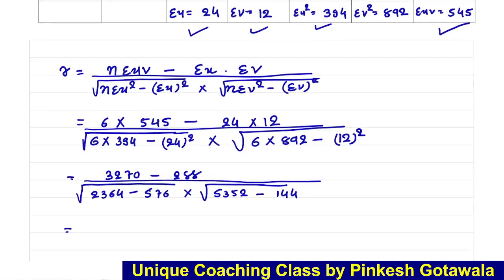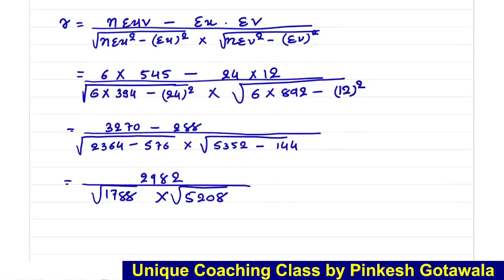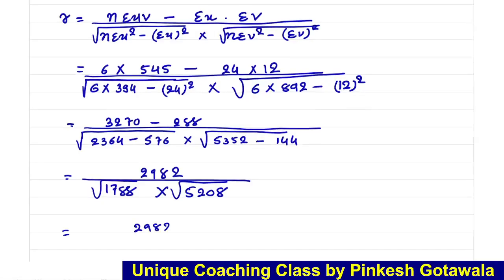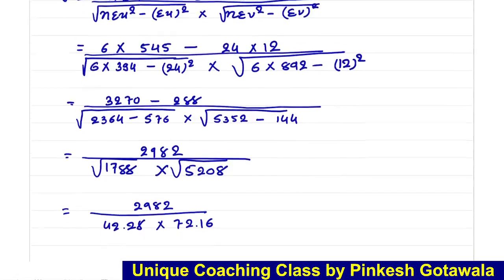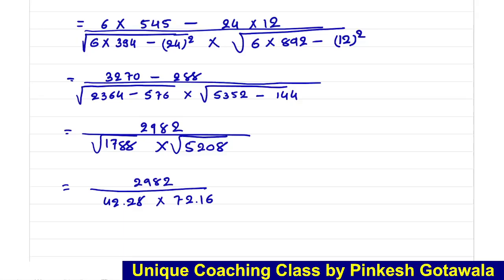3270 minus 288 is 2982. 2364 minus 576 is 1788. 5352 minus 144 is 5208. So 2982, here the roots are 42.28 and 72.16. 2982 divided by 42.28 divided by 72.16.